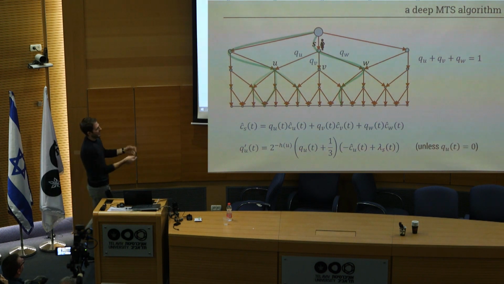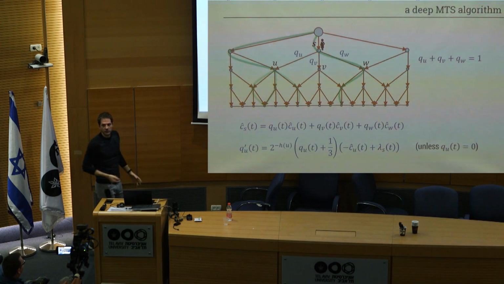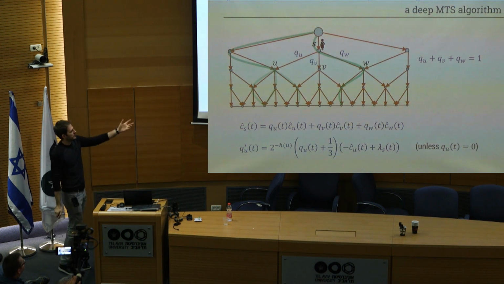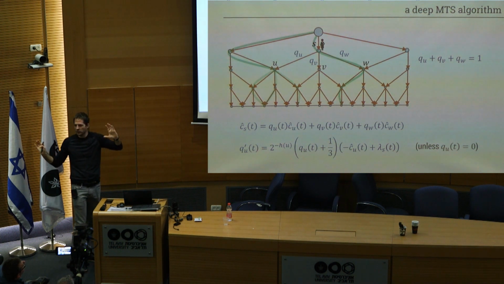By the way, this 3 here is related to the fact that there are 3 children. These dynamics look fairly reasonable. When I change the values of the flow on these edges, if the scale here is like 2 to the h, then when I move a little bit of probability mass over here, I'm possibly going to induce movement at scale 2 to the h below.